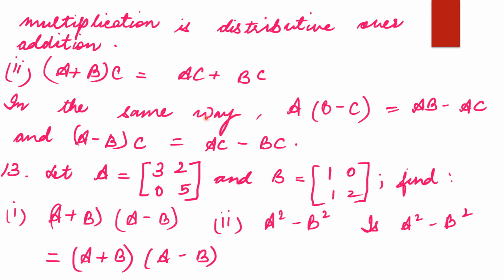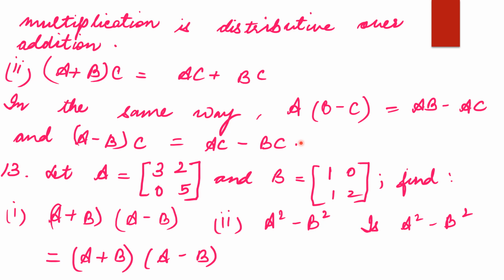In the same way, A into B minus C is equal to AB minus AC, and A minus B into C is equal to AC minus BC. Whether it comes at the beginning or at the end, multiplication is distributive over addition or subtraction.